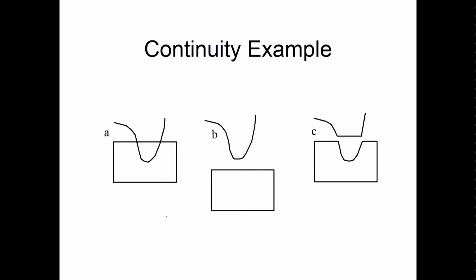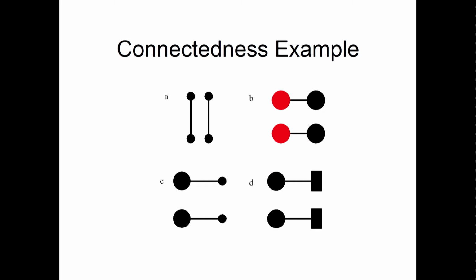Continuity examples again. Even though there seems to be a break over here, we perceive this as continuity. These are good examples of continuity. Connectedness: how do we connect these together? It is very difficult.